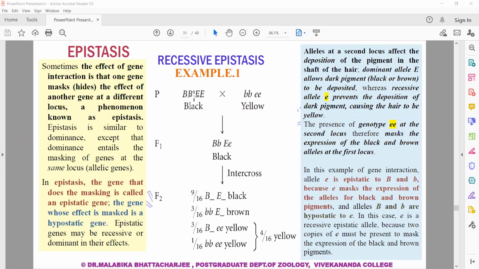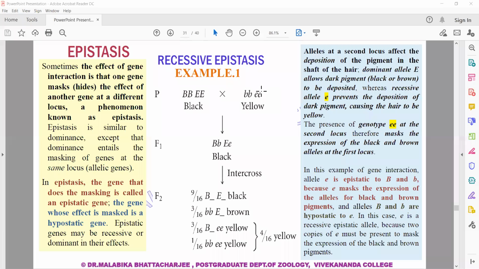But now look at the other combination. When there is this homozygous recessive condition, small e prevents the deposition of dark pigment. So when small e is present at this locus, it will prevent the deposition of either the black pigment or the brown pigment, as a result of which the color of the hair becomes yellow.